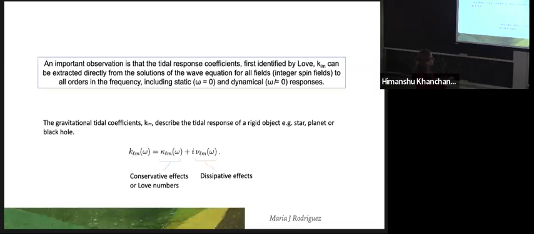And the coefficients can also have an imaginary bit that will be regarded as part of the dissipative effects of the black holes. Some other people or groups define the KLMs in general as the love numbers, and so they will refer to the conservative and dissipative parts as being part of the love numbers itself.